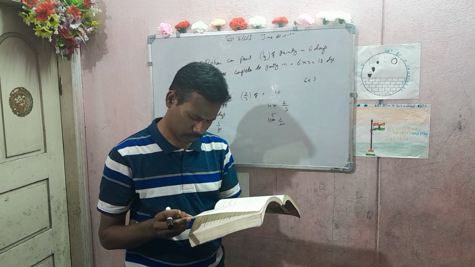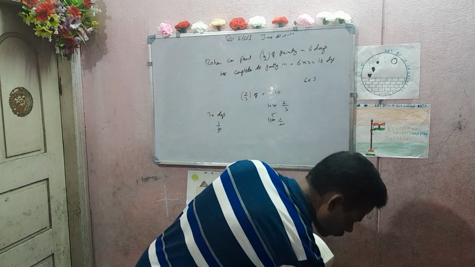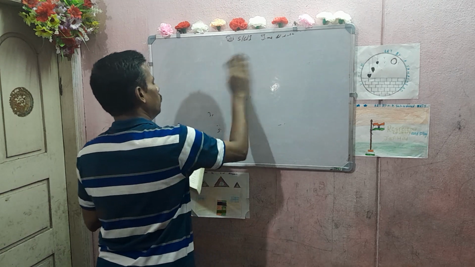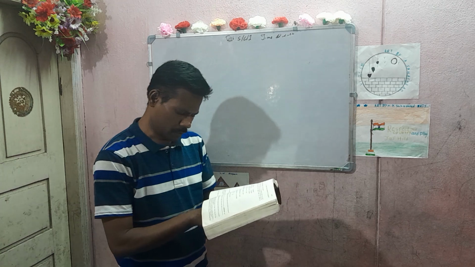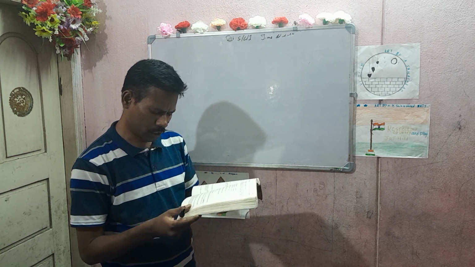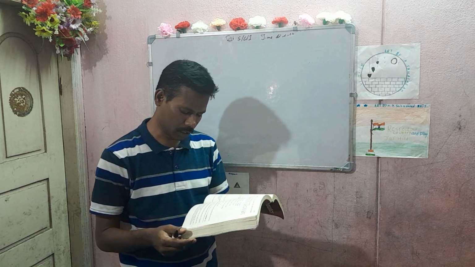Next. Anil can do a piece of work in 5 days. Ankur can do it in some other time. How long will they take to complete this together? Already we have discussed, but once again I will tell.